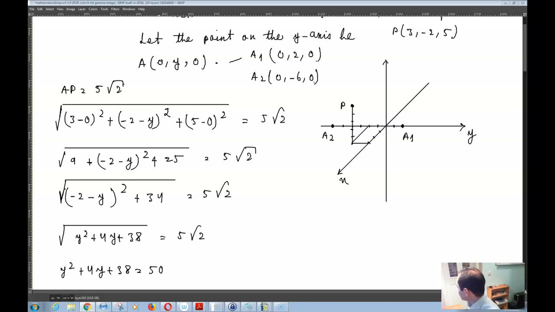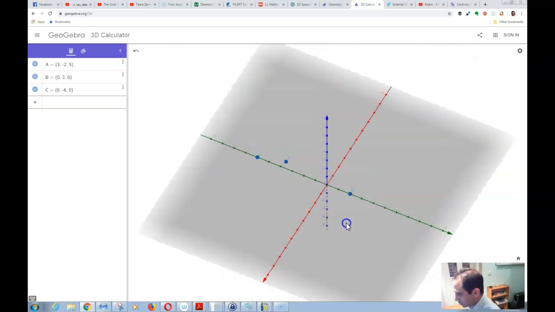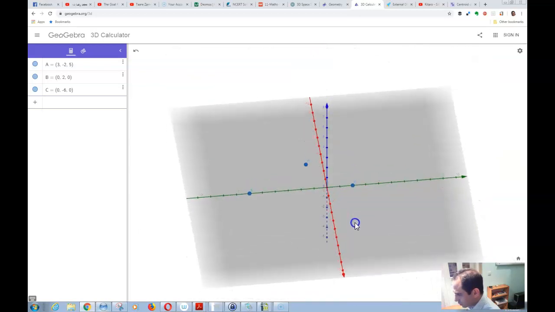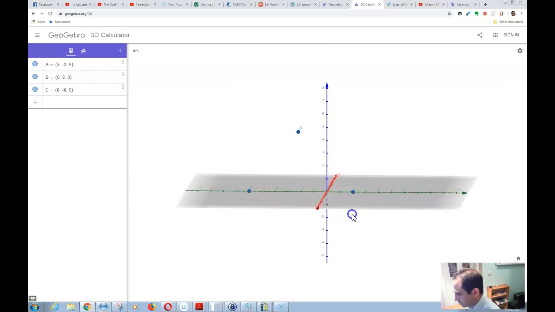The point that we had as P is, in this system, point A, and these are the 2 points that we got. So you can see that the points actually seem to have the same distance from these 2 points.